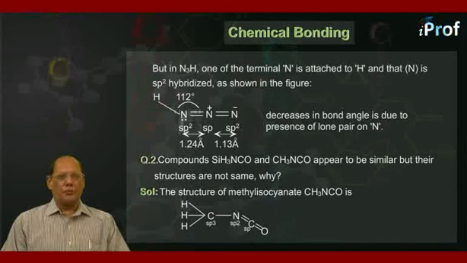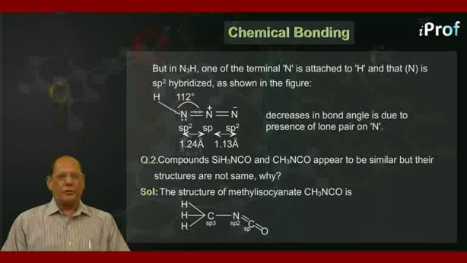Question number 2. Compounds SiH3NCO and CH3NCO appear to be similar, but their structures are not the same. Why? The answer is, the structure of methyl isocyanate CH3NCO is as given below.